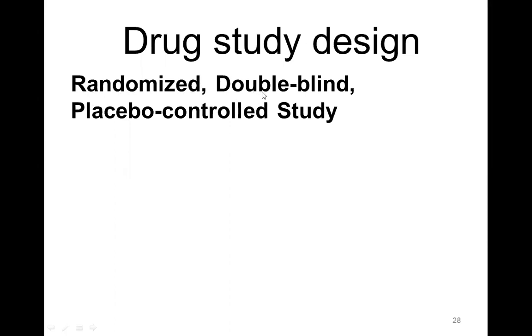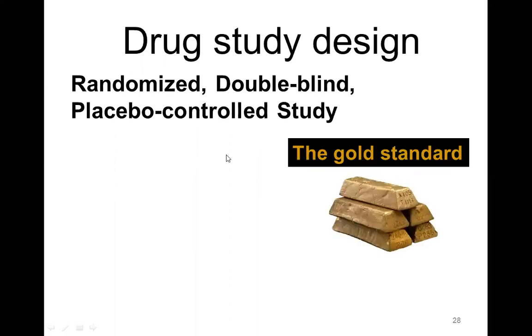Double blind: the person in the study and the experimenter don't know what the patient is getting. And placebo controlled, so you can compare the outcome with placebo. This is our gold standard for drug study design.